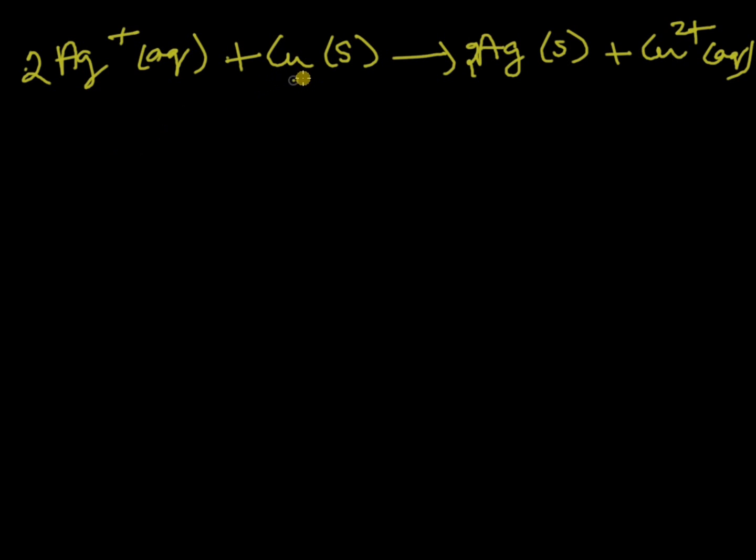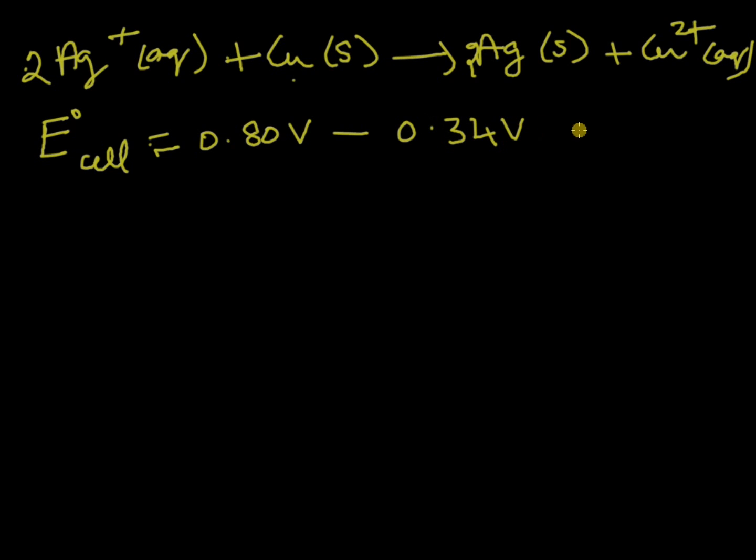Obviously, Cu is the anode because it is undergoing oxidation, and Ag+ is the cathode because it is undergoing reduction. So E naught cell is equal to 0.80 volt, that of silver electrode, minus 0.34 volt, that of copper electrode, which is positive. The reaction is feasible.